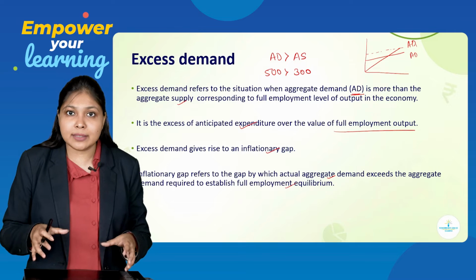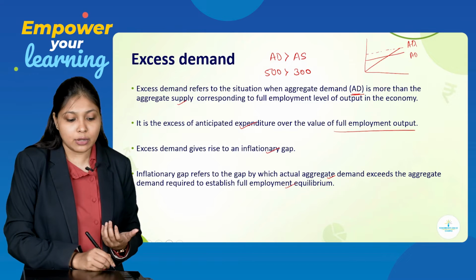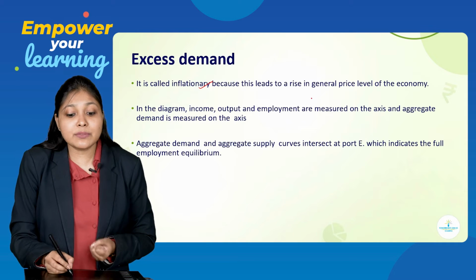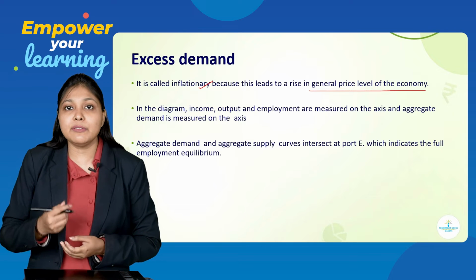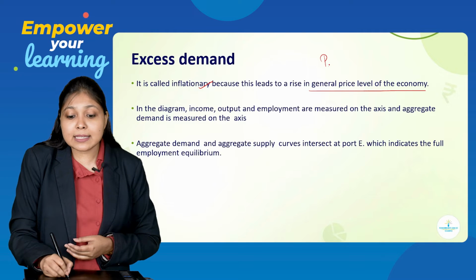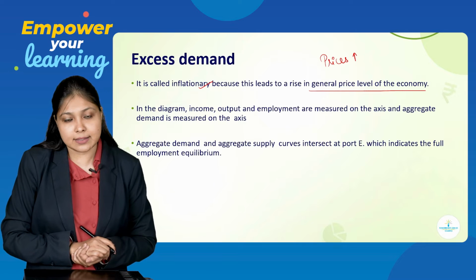When this happens, it creates an inflationary gap in an economy. It is called inflationary because this will lead to a rise in the general price level of the economy. Whenever there is an inflationary situation in the economy, the prices of all goods and services will increase.